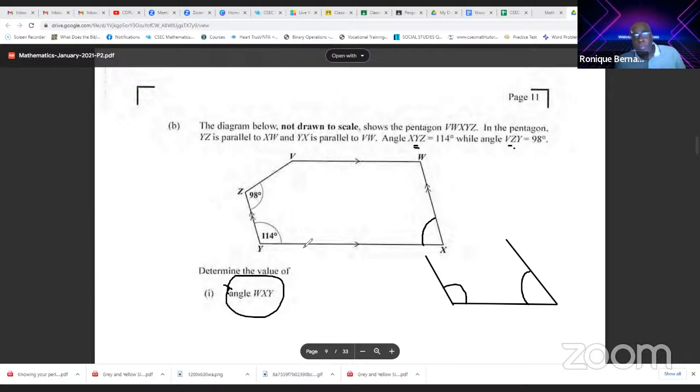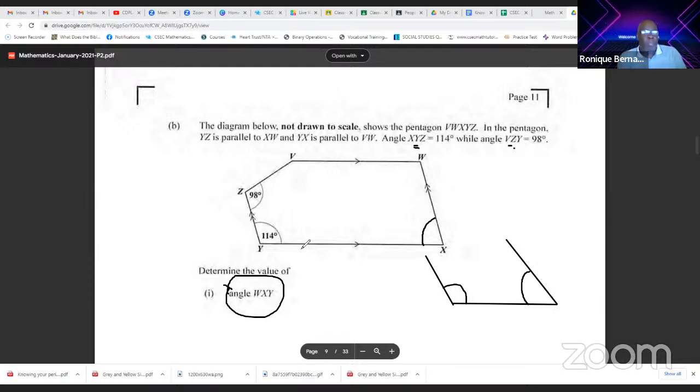You can draw a five-sided figure for yourself and measure all the angles, add them up, and then you'll know the total sum of the interior angles for yourself. All right? You can do that and tell me what the answer is.